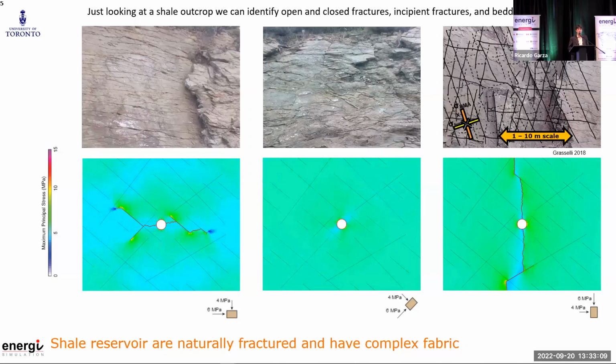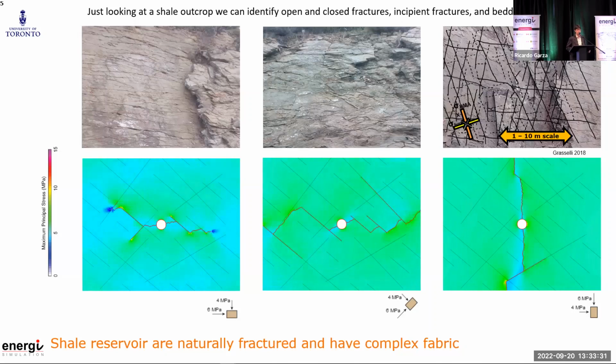When you try to model how a fracture propagates in such a medium, what you see is that the fracture direction and trajectory change as a function of the normal stress, the in situ stress that is applied.